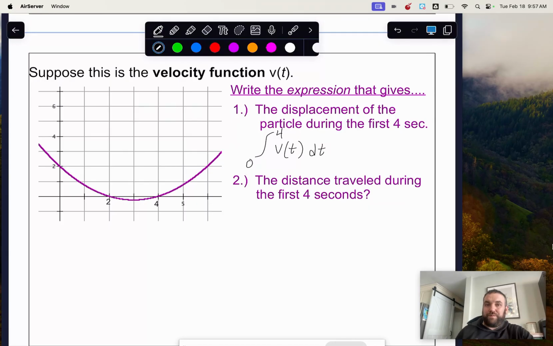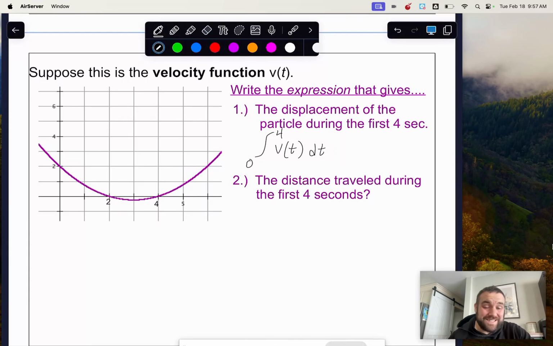And by finding the integral, that negative area that we see between the curve and the x-axis from 2 to 4 will take into account the fact that the particle is moving backwards for that short period of time. And again, for displacement, I want to include that negative value.